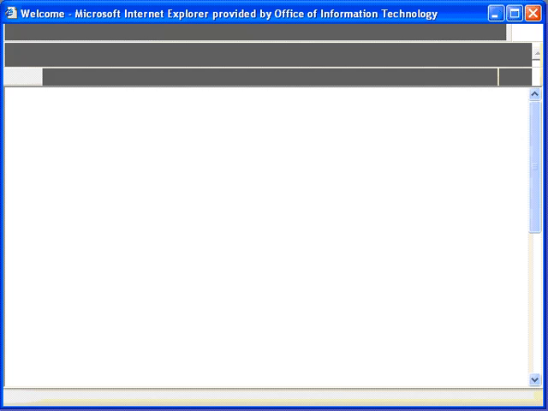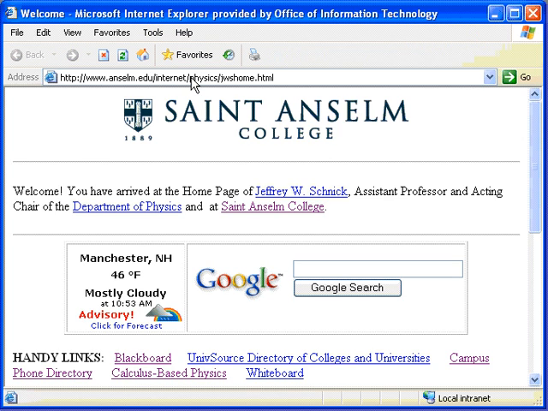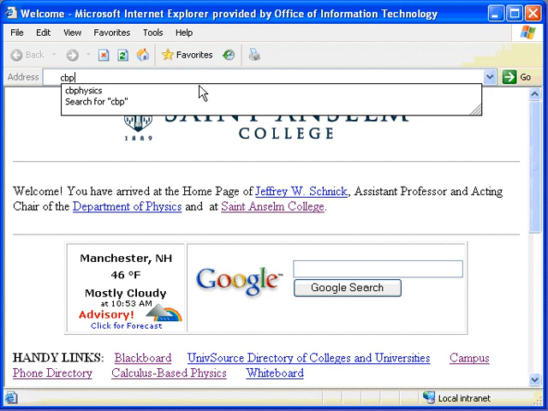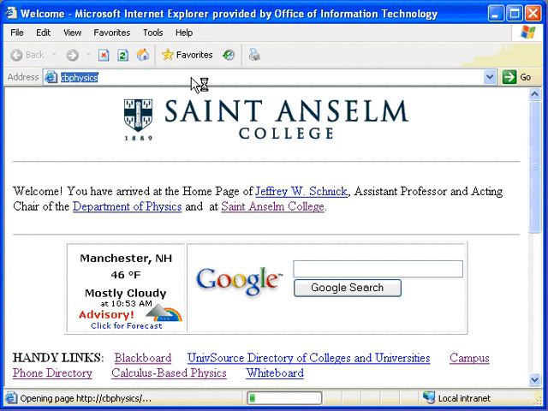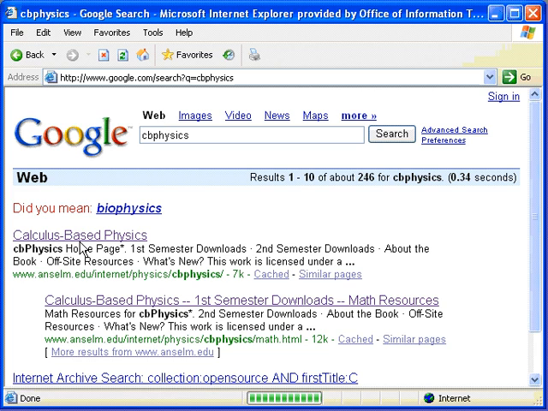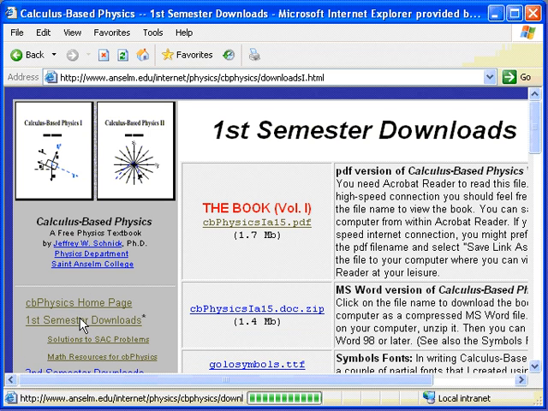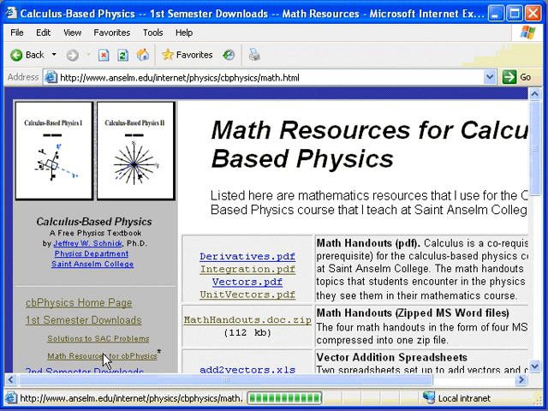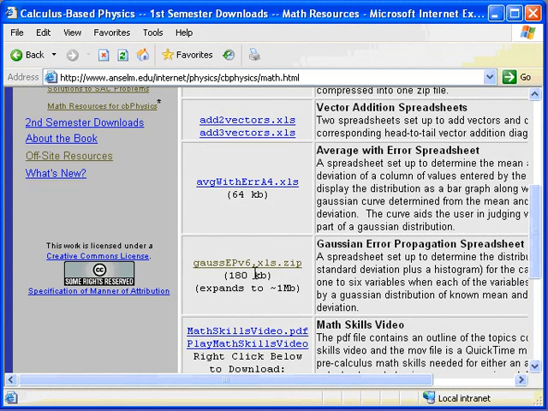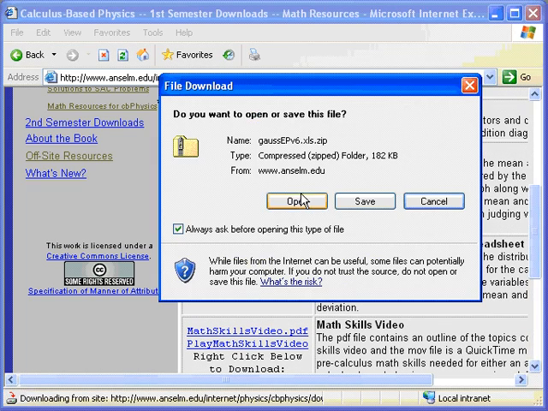So let's go ahead and start up GUM CP. I'll just fire up a browser, type in CB Physics. Pick the first item in the list. Go to first semester downloads, math resources, GUM CP.